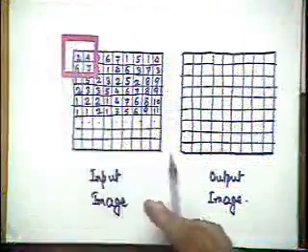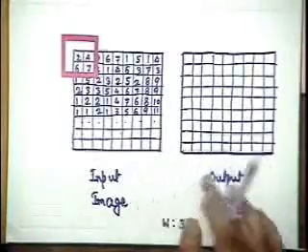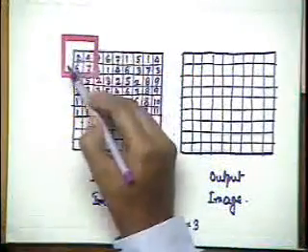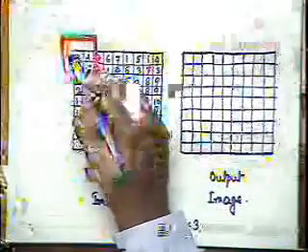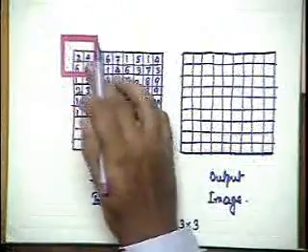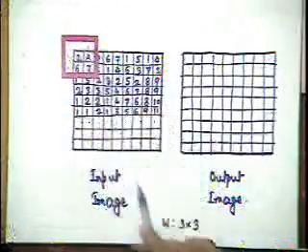For the pixels which are non-existent, like this position, this position, this position, this one and this one, take their intensity values as equal to 0, and then proceed.